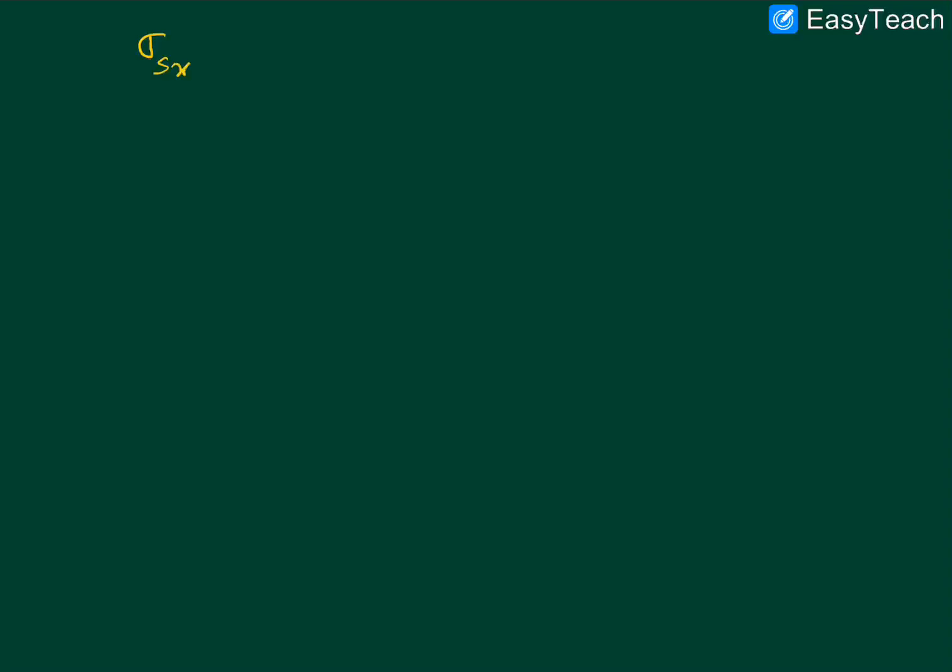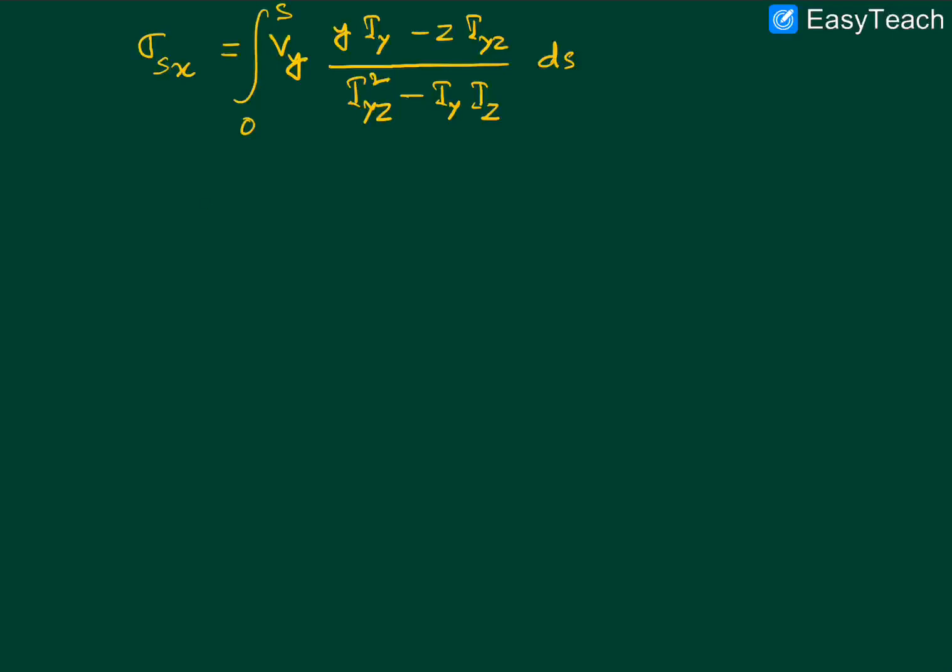Okay. So just to repeat what we had written earlier, sigma sx is equal to Vy times y Iy minus z Iyz, divided by Iyz square minus Iy Iz, ds integration from 0 to s, and that will be equal to Vy divided by Iyz square minus Iy Iz.